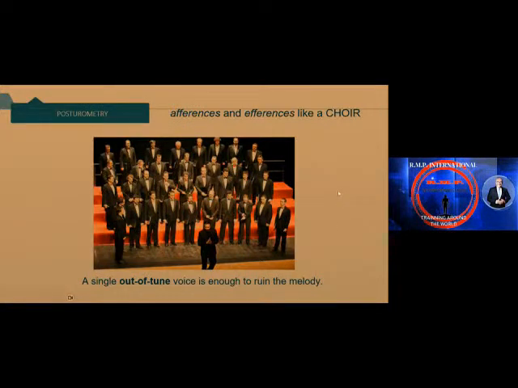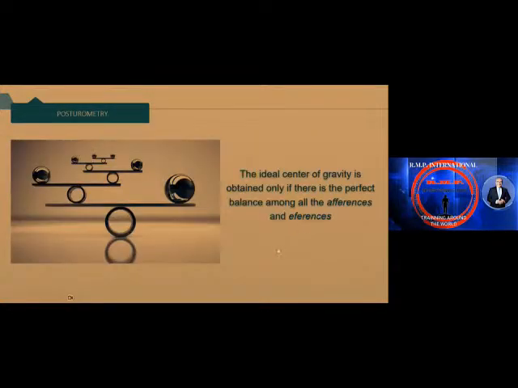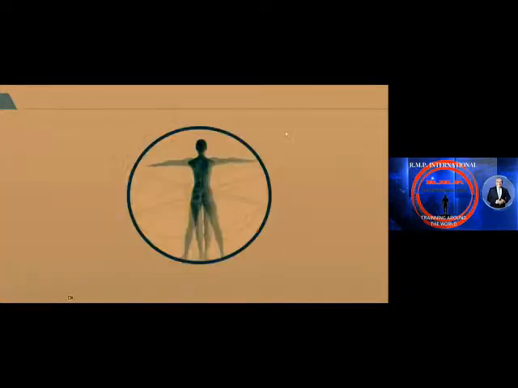The same happens with our receptors. If one receptor of the tonic postural system is working badly, we will have a problem. We ruin the melody. The ideal center of gravity is obtained only if there is perfect balance among all afferences and efferences. Balance of the body.